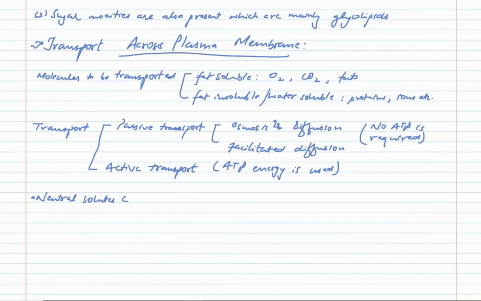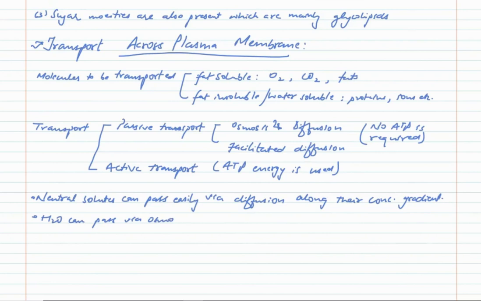So neutral solutes can pass easily via diffusion along their concentration gradient. Water can pass via osmosis along its concentration gradient.